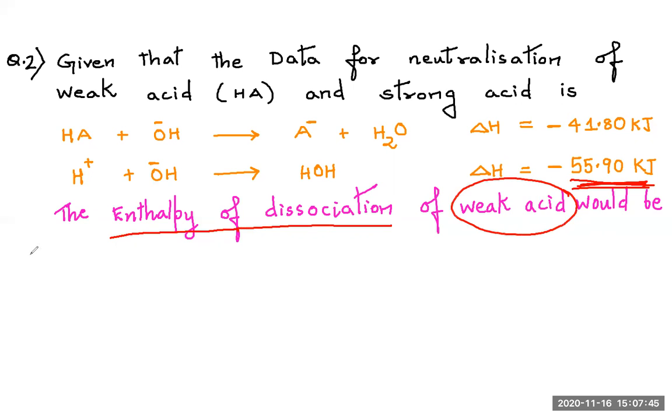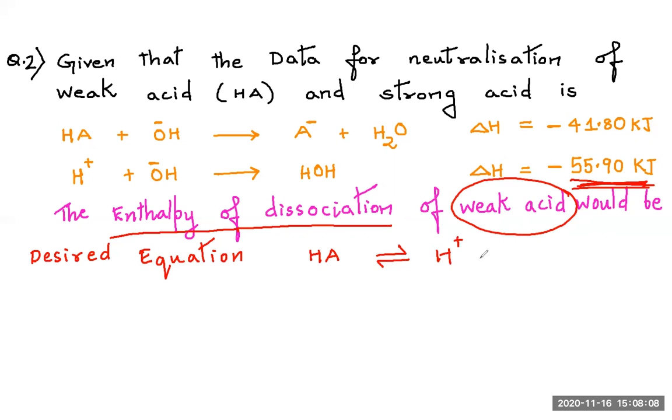So students, I am writing the desired equation. I can hear some people are answering the desired equation. Mrunali has written in the chat box that it is HA giving, since it's weak, I am giving reversible arrow.